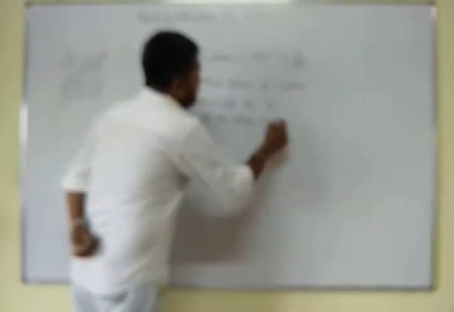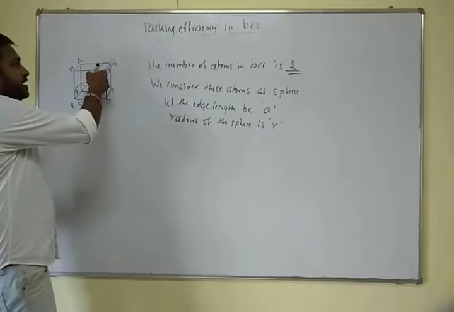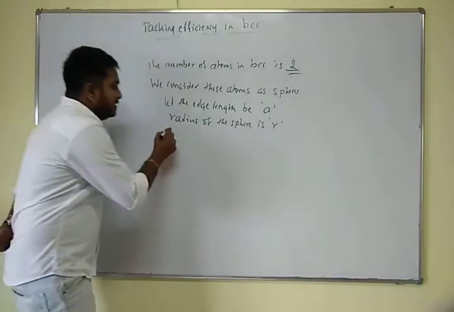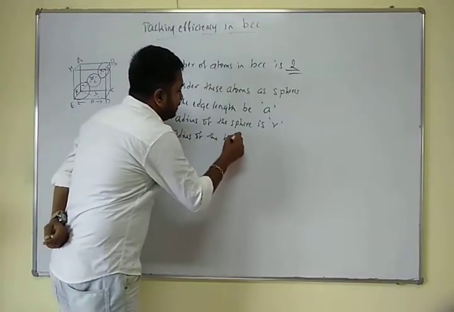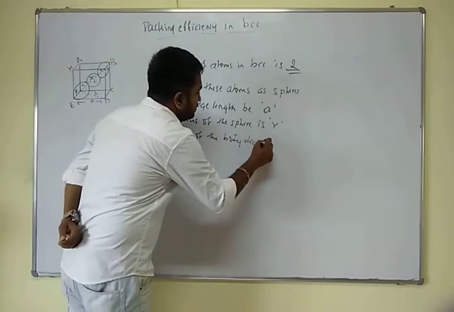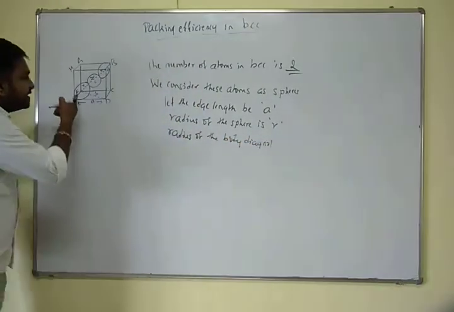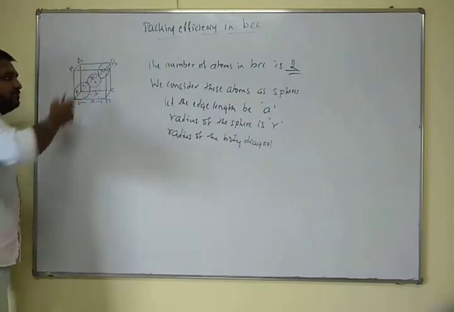Let the edge length be A. We have taken A as the edge length, and the radius of the sphere is R. The body diagonal, this is the front face of the body.